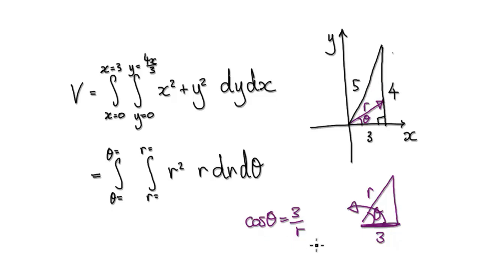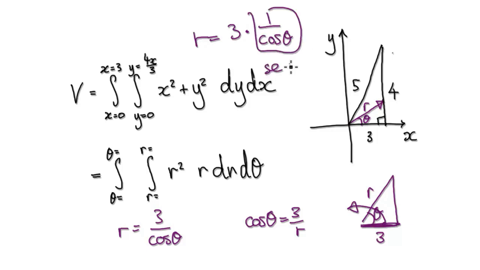So r equals 3 over cos theta. You can imagine this as being 3 times 1 over cos theta. So this is just secant. The way to express this radius is really 3 secant theta. So for any given angle, we can work out the radius, and it's given by this.